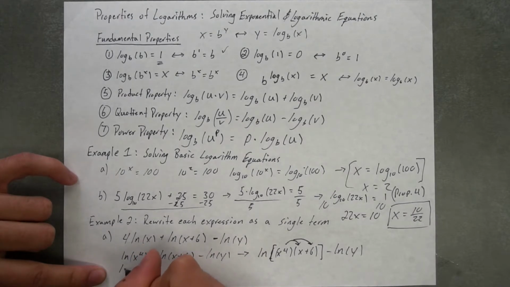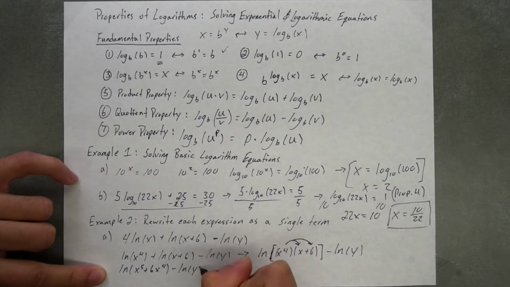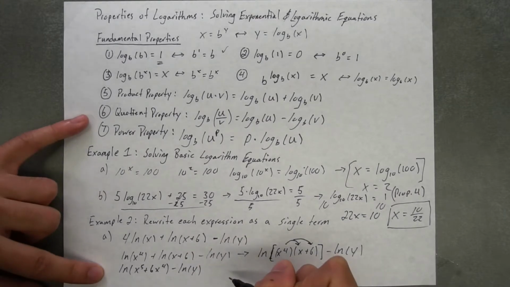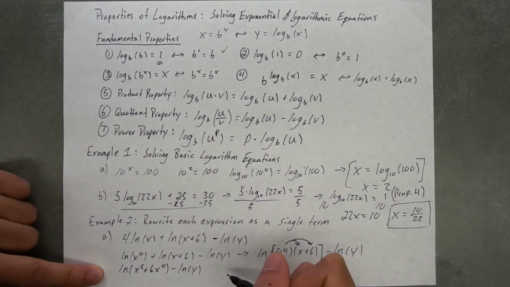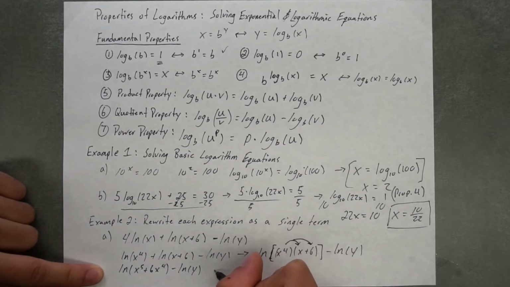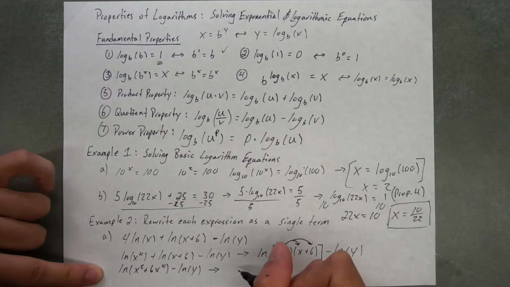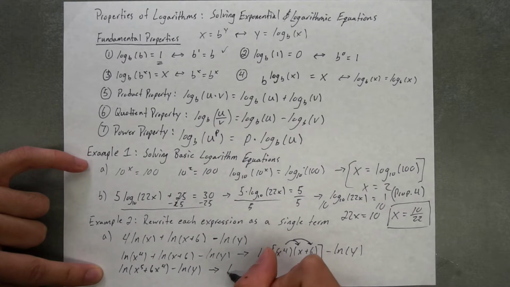So then we have the ln of x to the 5th plus x to the 4th minus the natural log of y. Then we're going to use the quotient property. We have the difference between two natural logs. So then this expression becomes the natural log of x to the fifth plus x to the fourth power all over y.